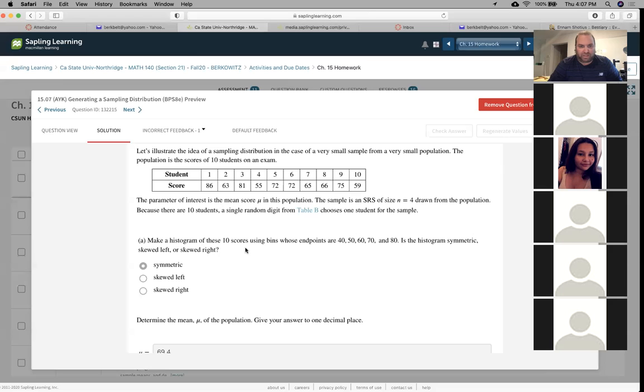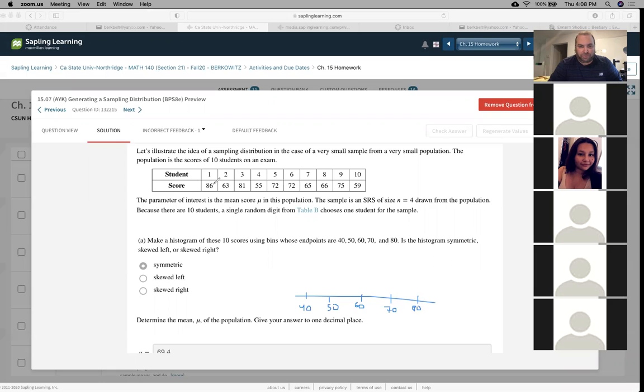Make a histogram of these 10 scores using bins whose endpoints are 40, 50, 60, 70, and 80. Is it skewed left or skewed right? Well, let's quickly try to do this right here. So here's 40, here's 50, here's 60, here's 70, and here's 80.